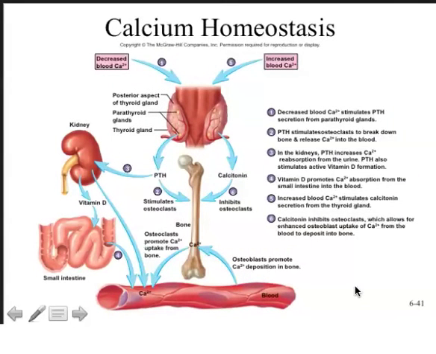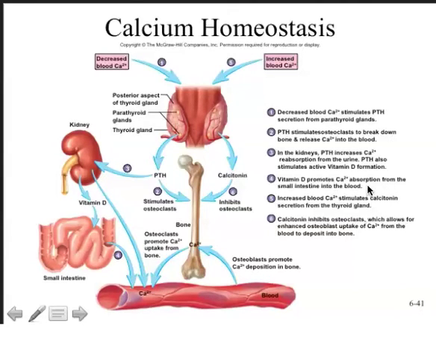So this is just a look at calcium homeostasis. We can see here decreased blood calcium stimulates PTH production, which stimulates increased blood calcium levels through stimulating osteoclast activity, increased absorption of calcium from the GI, and increased recovery of calcium by the kidneys. Let's see, vitamin D, another very important factor, right?